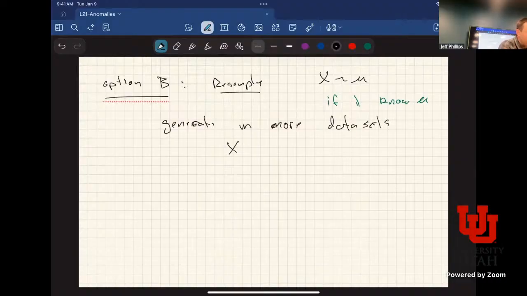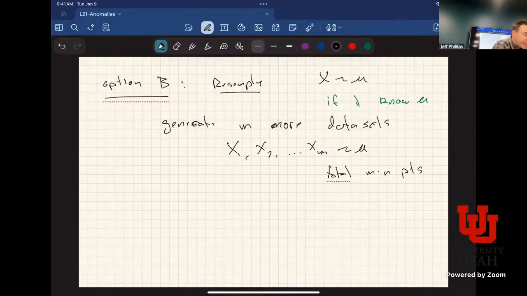Okay, so X1, X2, up to Xm, all these are from the distribution. So if I assume I know what this distribution is, this is a total of M times N points.